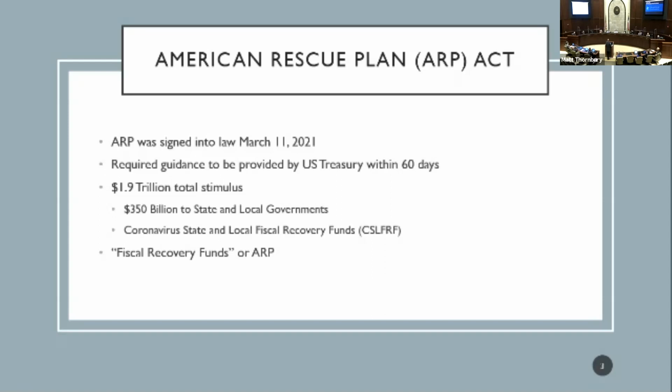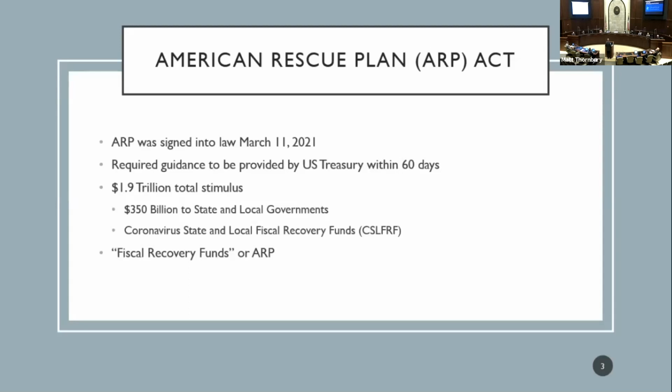The total amount of the stimulus was $1.9 trillion. Of that, the cities and states were allocated $350 billion. This is the first of all the stimulus packages that actually provided stimulus money directly to cities for use.